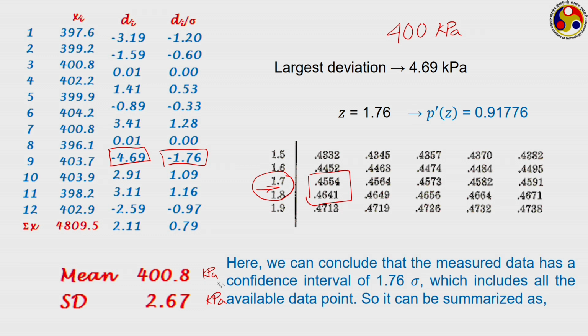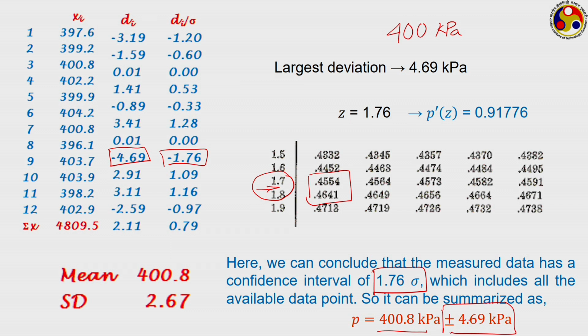So we can conclude that all the data points accumulated during the measurement lie within plus minus 1.76 sigma distance of the mean, and there is no need of discarding any data. Finally we can represent all this data like this: this is the sample mean, and this is the corresponding error we can expect.